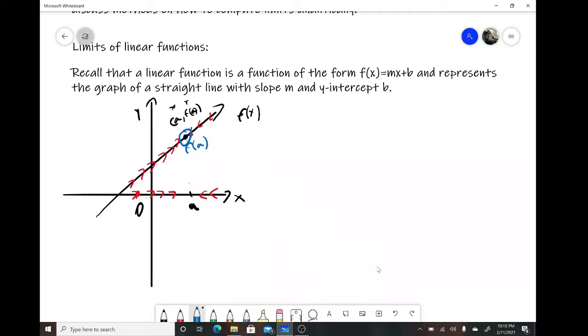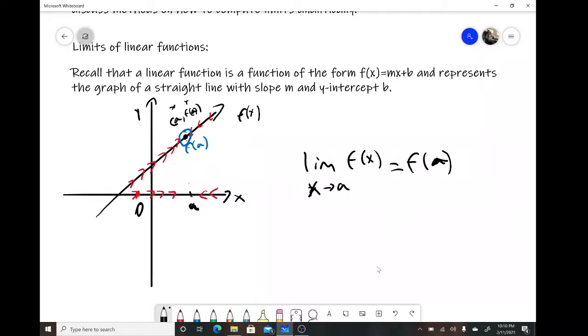So it turns out that the limit as x goes to a of f of x is actually equal to f of a.